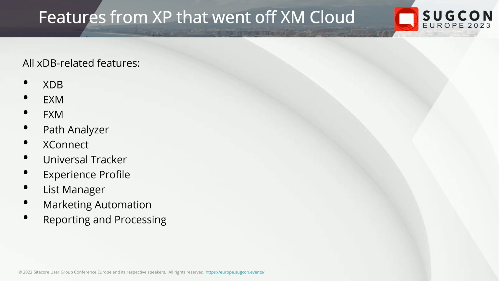Sadly or not, but many XDB features become redundant in a new composable architecture. Everything related to xConnect, like xDB, xMgmt, Experience Profile, List Manager, Marketing Automation, they all have to go away.